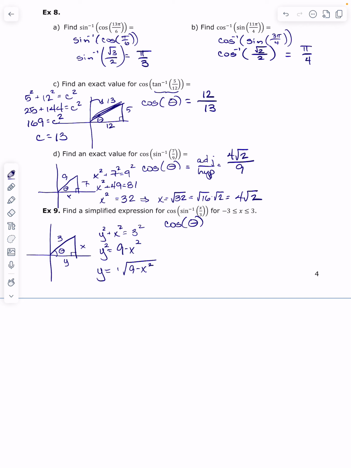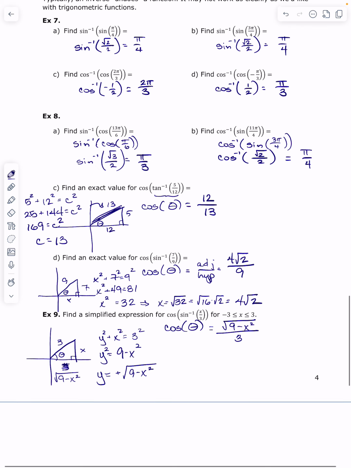We're just going to focus on the positive. So this side now becomes the square root of 9 minus x squared. It's not pretty, but it'll make more sense and it'll be useful in calculus. So the cosine of theta is the length of the adjacent side, square root of 9 minus x squared, all over the hypotenuse, 3. And that's it. I need to know x before I can figure out what that is. But in the meantime, we do have an expression that works.